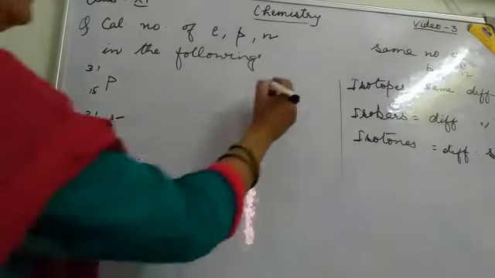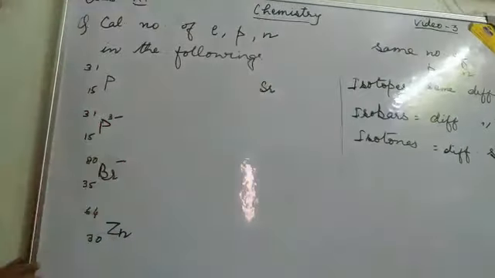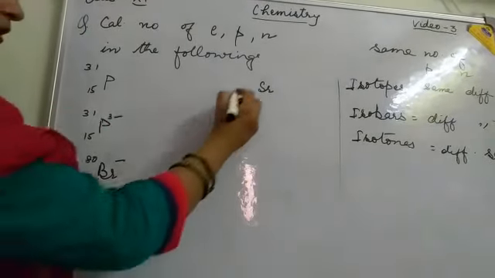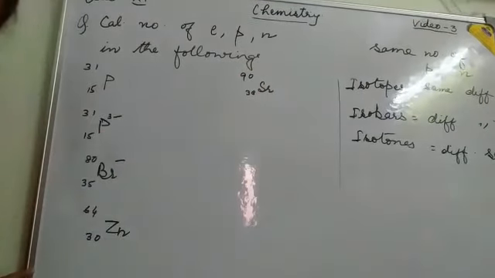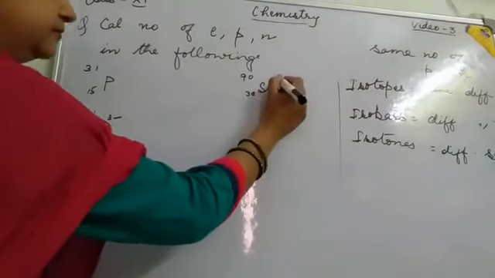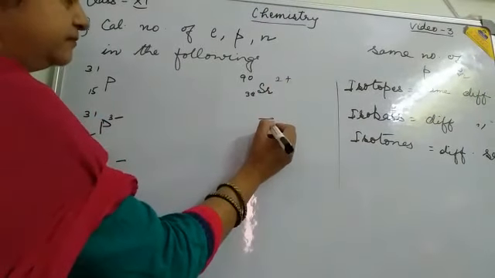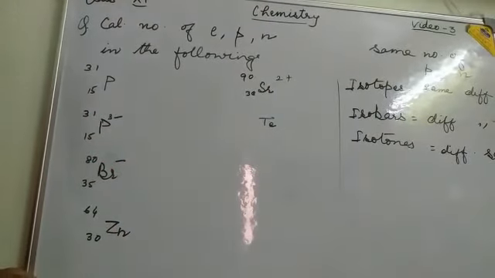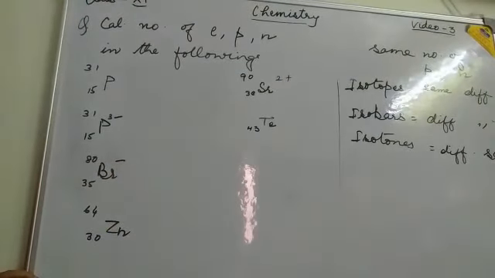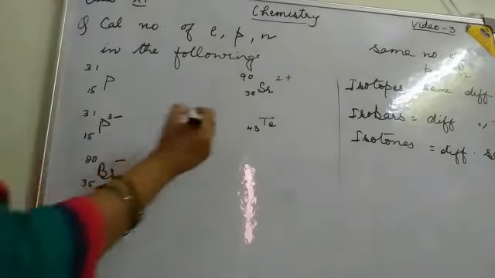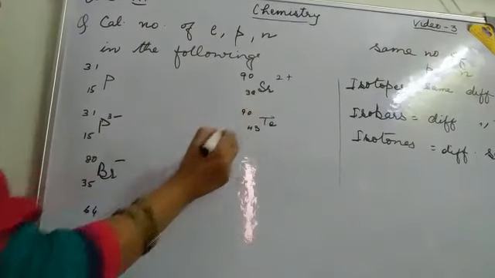Strontium 38, 90. Strontium 2 plus, and tellurium. Tellurium having atomic number 43 and mass number 90.